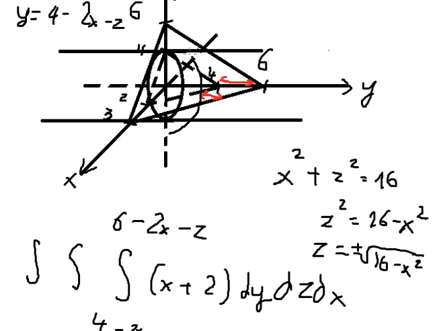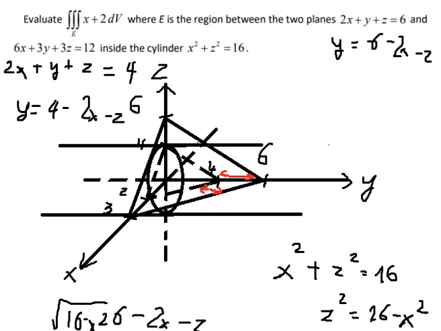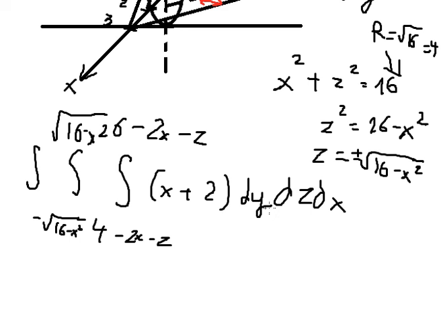Because we go one circle in here, the bottom is negative square root of 16 minus x squared, and the top is the square root of 16 minus x squared. This one is the radius of the circle. The radius is the square root of 16, so we have 4. So the bounds of x are from negative 4 to positive 4.